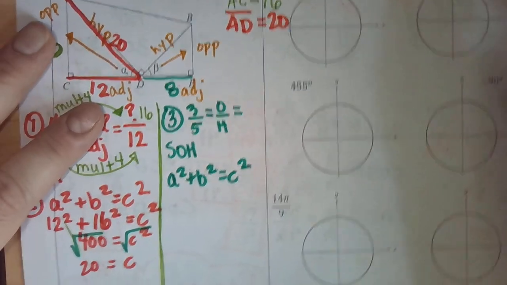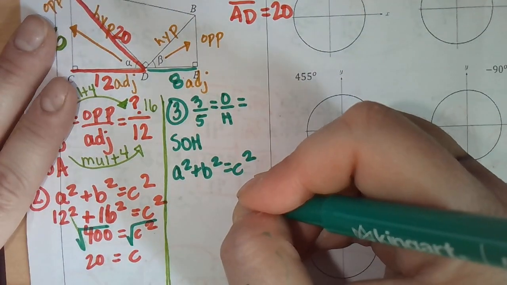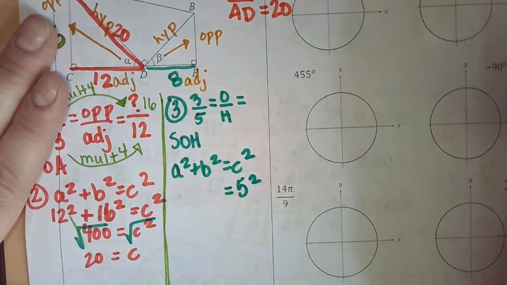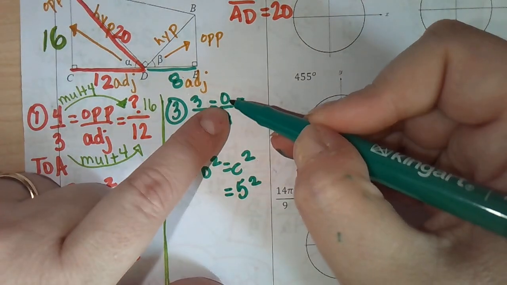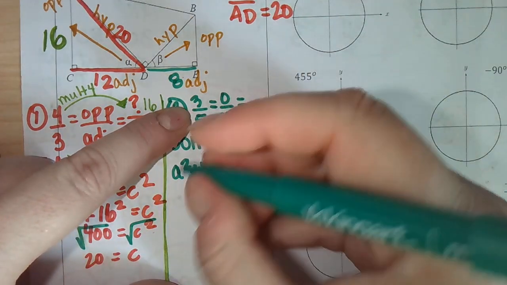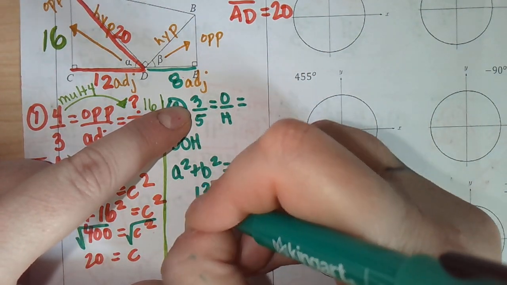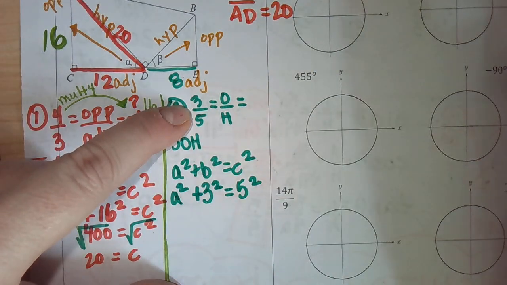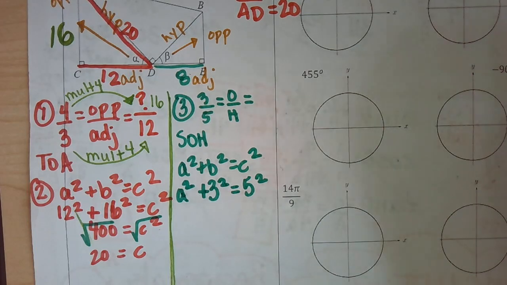Okay, so the hypotenuse is the C. The opposite is the B. We don't know the adjacent, so let's keep a letter A. And then let's figure this out.